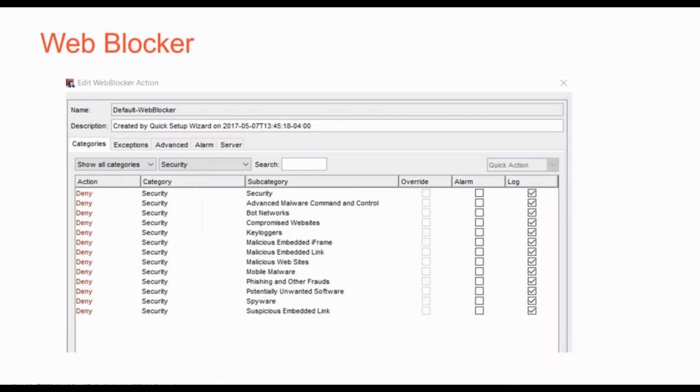Even though sometimes people say, I don't want to block anything, I don't have a policy to block any type of websites, one recommendation is to take a look at this and block, for example, malicious embedded link websites, or phishing and other fraud websites. So it's one of the layers where you can block it before it reaches a higher security service.